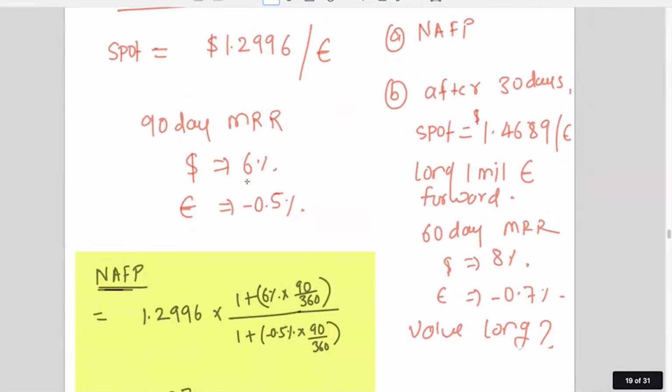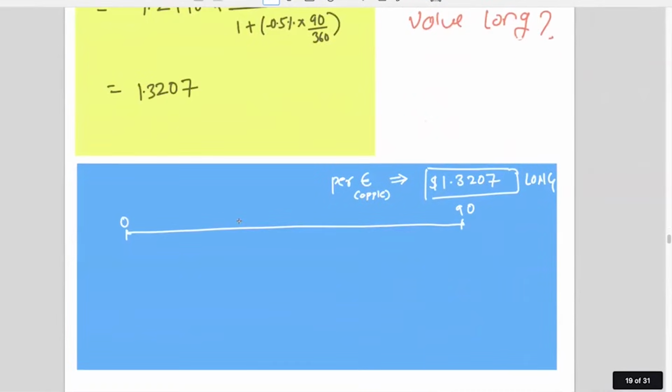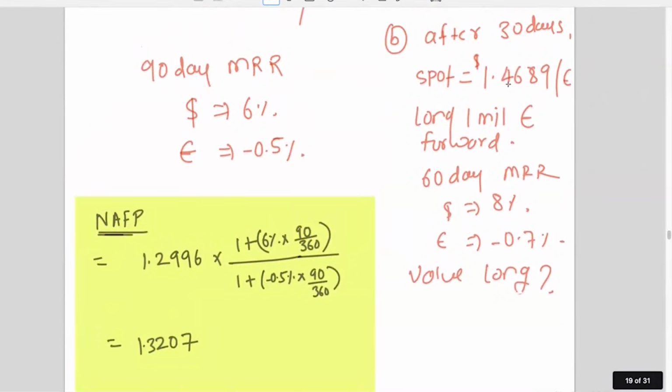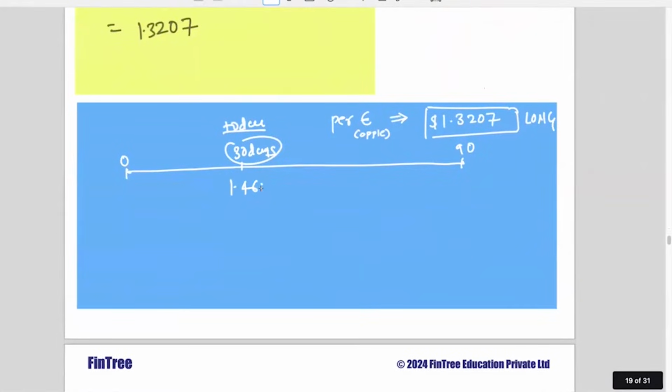Now what happens after 30 days? So 30 days, this is today. Today the spot price is 1.4689. So what do I do? Tell me, what should I do now?